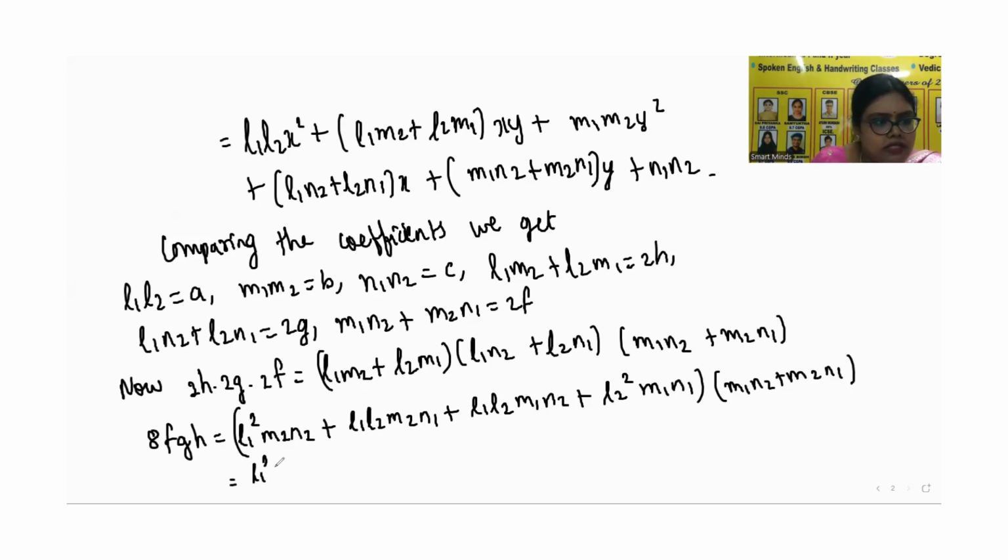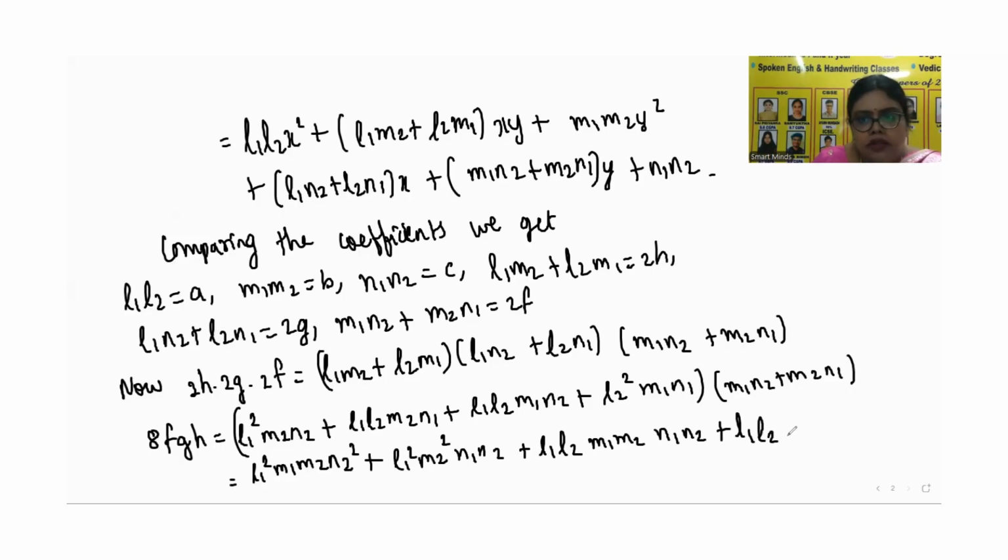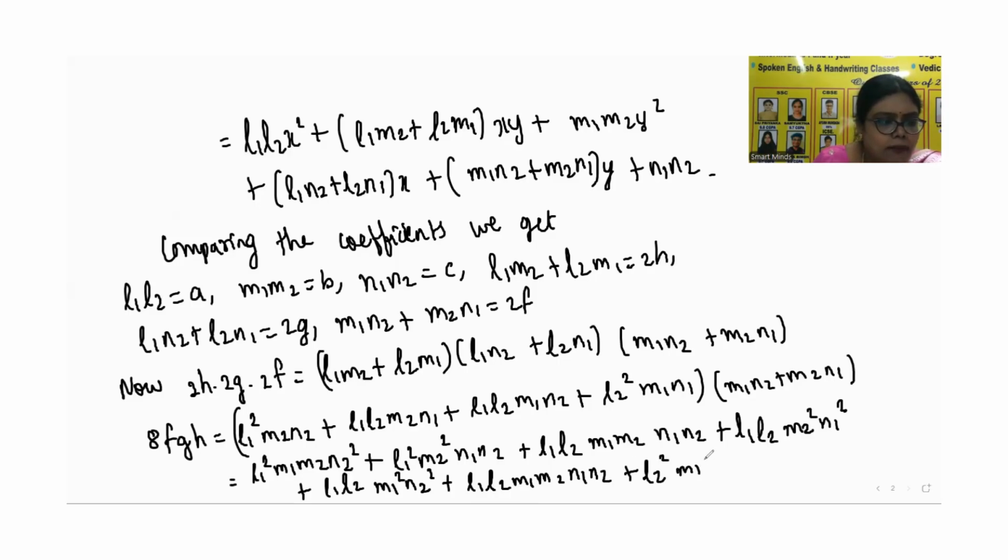So we will get L1 square M1 M2 N2 square plus L1 square M2 square N1 N2 plus L1 L2 M1 M2 N1 N2 plus L1 L2 M2 square N1 square plus L1 L2 M1 square N2 square plus L1 L2 M1 M2 N1 N2 plus L2 square M1 square N1 N2 plus L2 square M1 M2 N1 square.